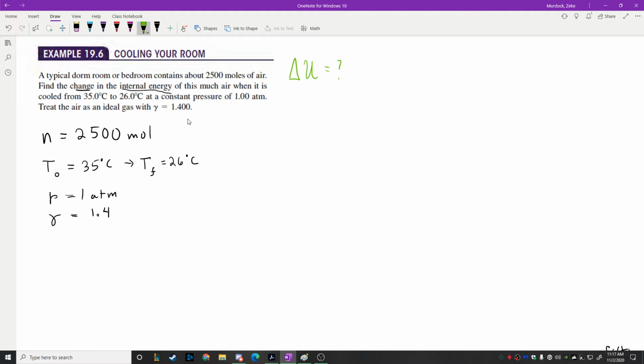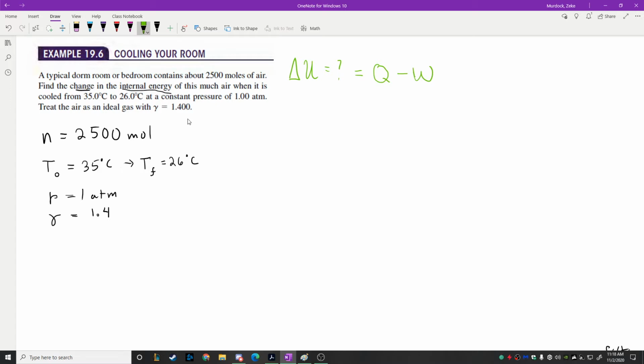From what we discussed a second ago, if you're talking about a constant volume process, we'll go through the whole process again. The change in internal energy according to the first law should be equal to the quantity of heat that comes in minus the work done by the system.